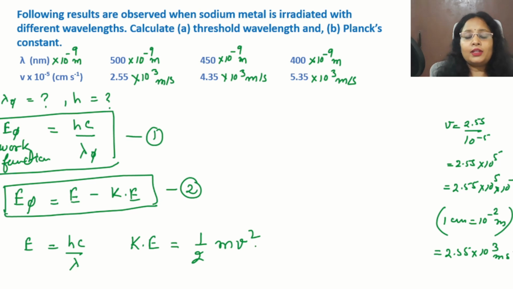So we will start with the energy of the photon. Let's see. Since we have three values of lambda, we will get three values of energy of the photon. So first value is, we can say E1. It should be hc upon lambda 1.